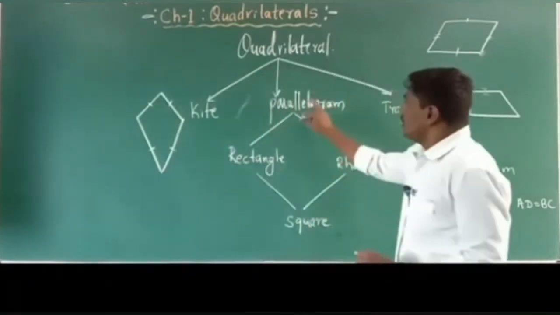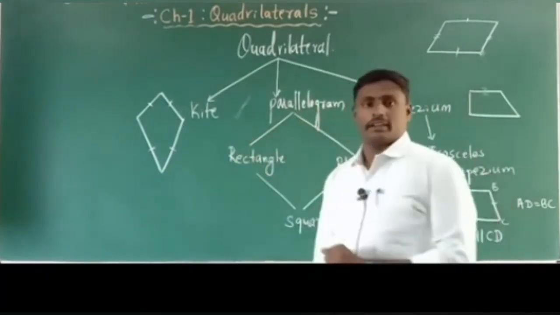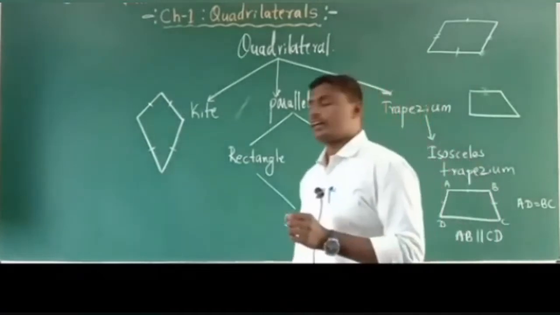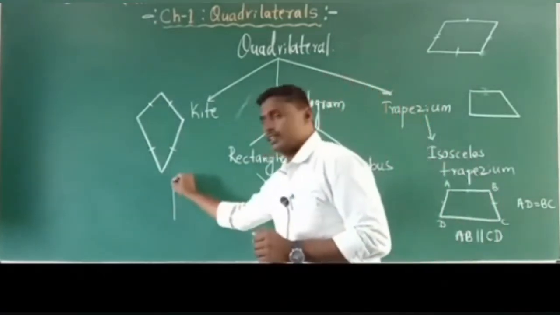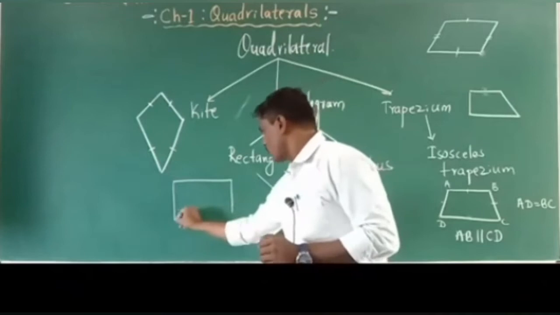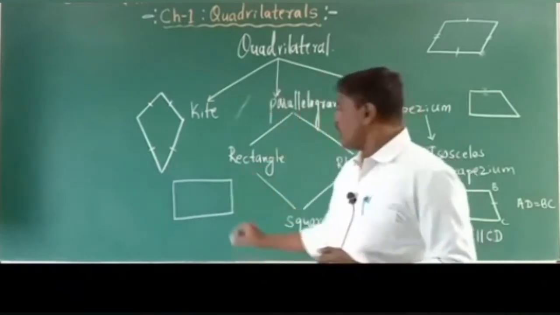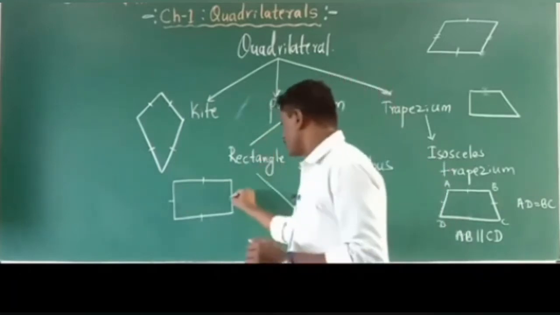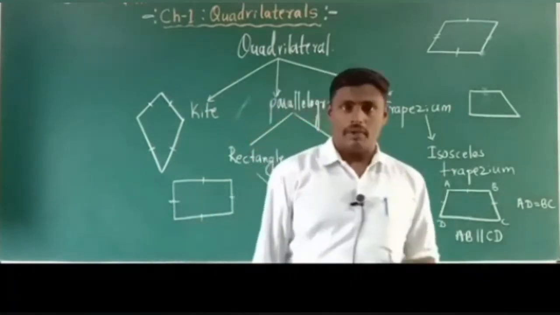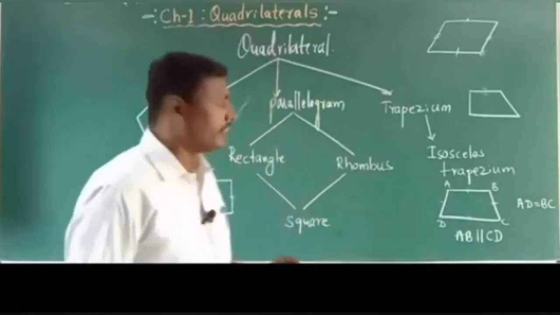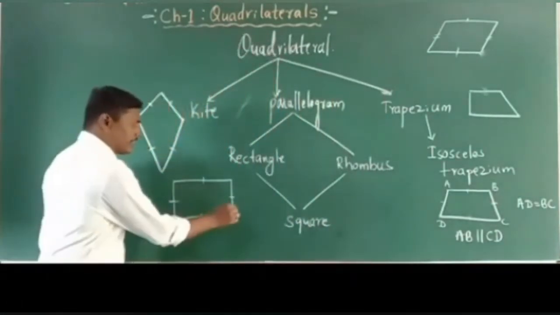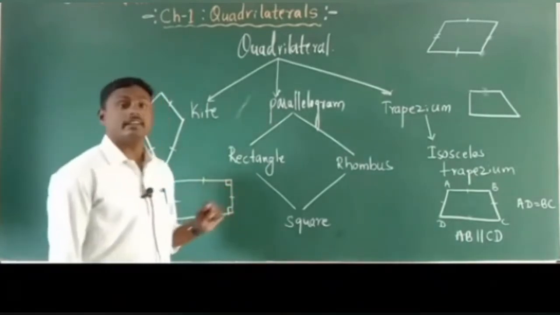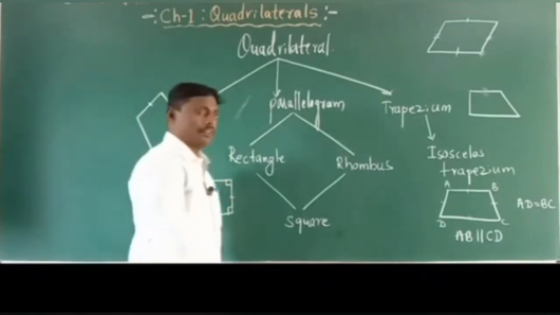Next, come to the rectangle. We already learnt in the previous classes, right? So rectangle means what? A rectangle is a quadrilateral in which opposite sides are equal and parallel, and each angle in the rectangle is 90 degrees. Okay.